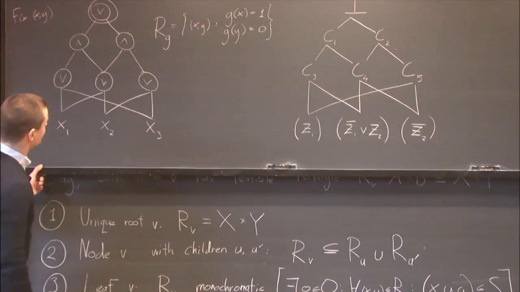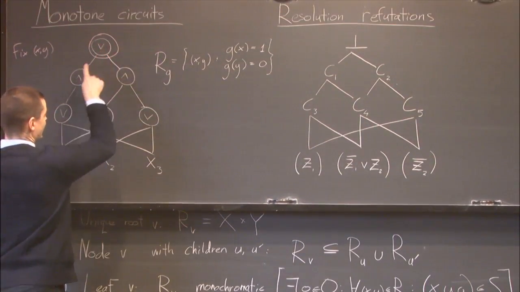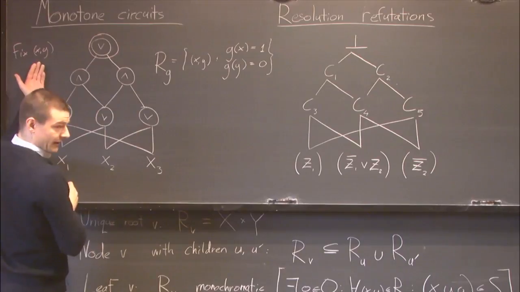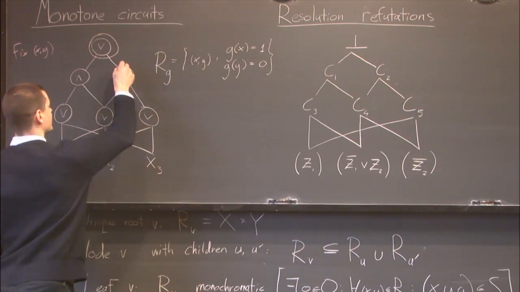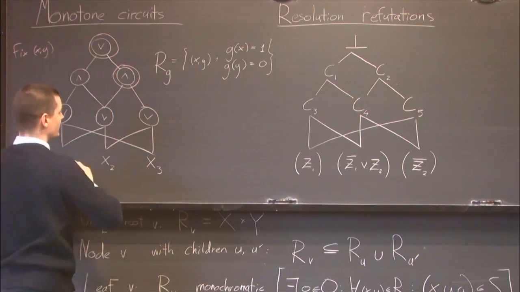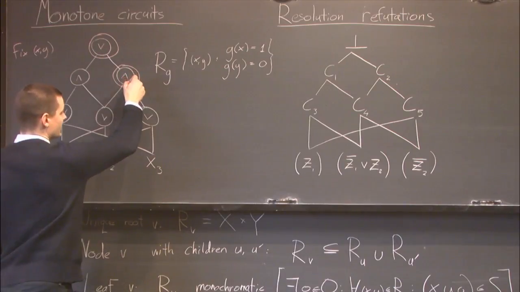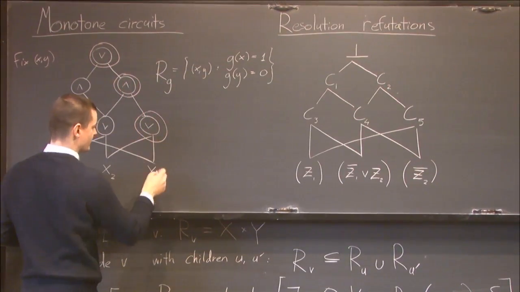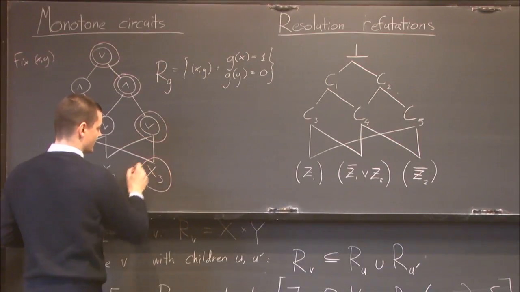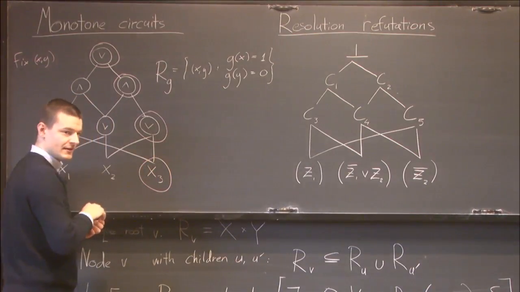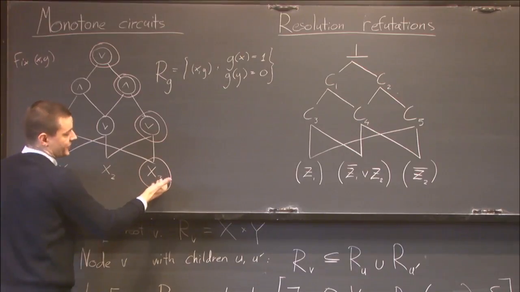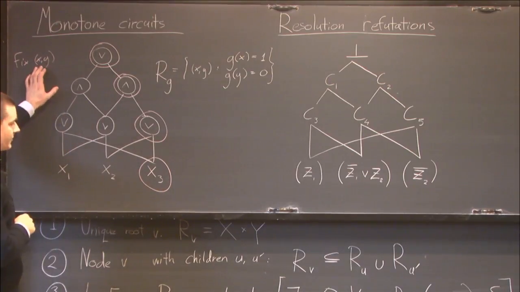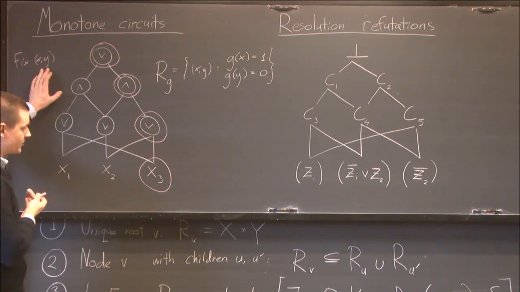The second condition says that if I have a feasible node, then at least one of its children is feasible for my input. So maybe this is also feasible for my input. And really, I can traverse the circuit down, just applying the second rule, until I find a feasible leaf that is associated with a solution to my search for my input.